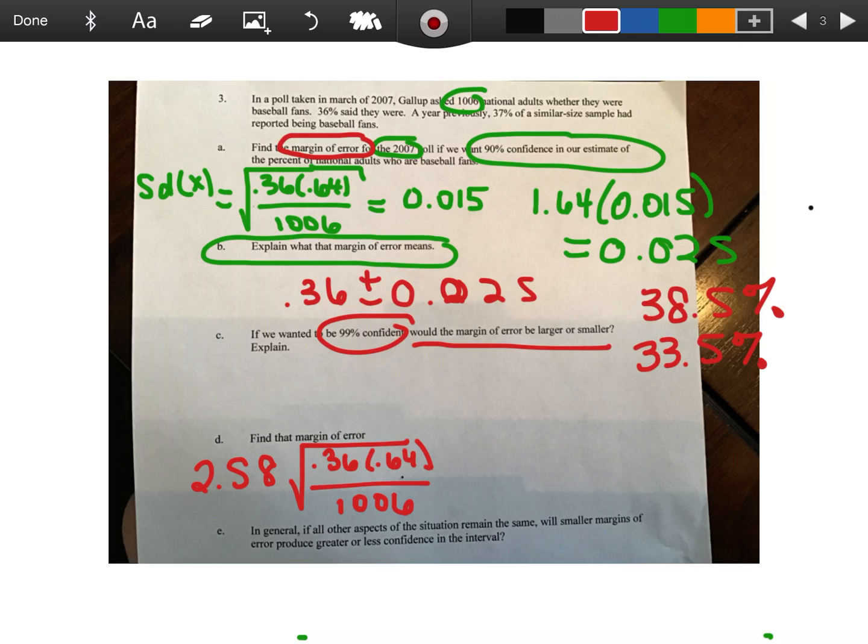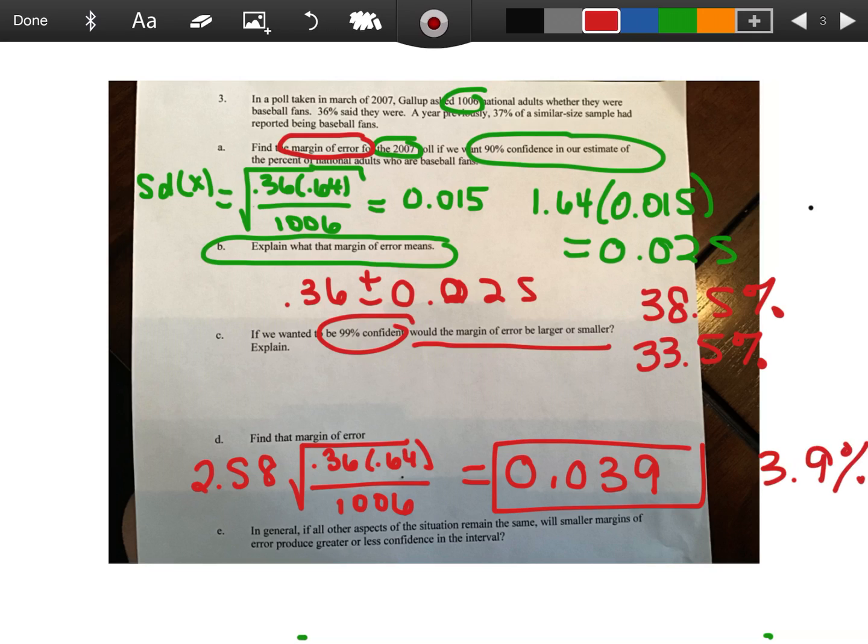So I'm going to type in 2.58 multiplied by the standard deviation, which gives me 0.039. So my margin of error, how much I could be off in this case, is about 3.9%. So the answer to this is 3.9% is my margin of error.